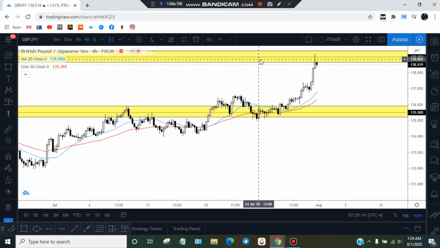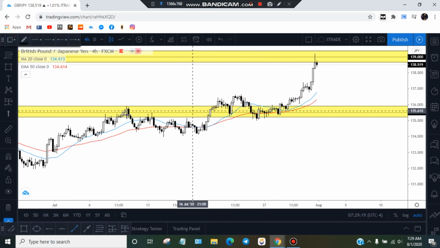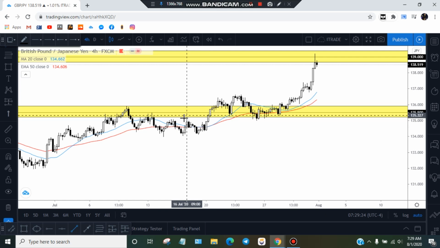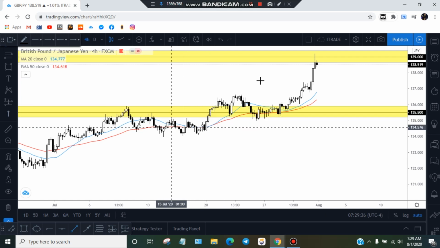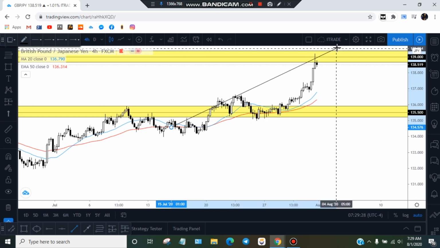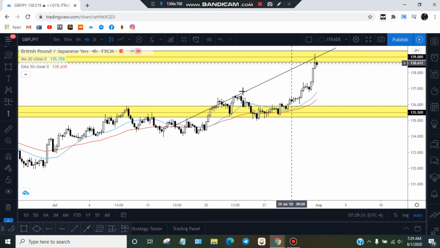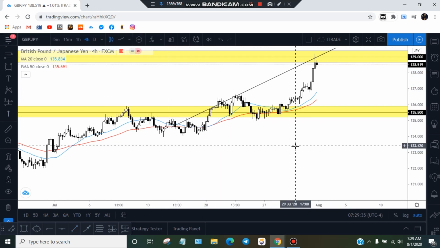What I like to do on the 4 hour chart is my trend lines. So I'm gonna go ahead and mark up what I see fit, you know what I'm saying? This for me seems like it could be valid, right?